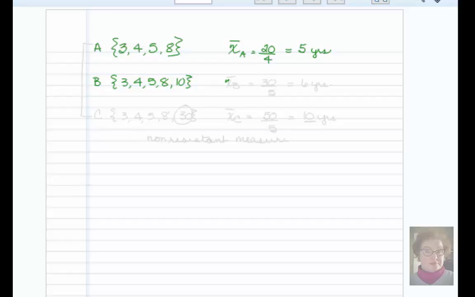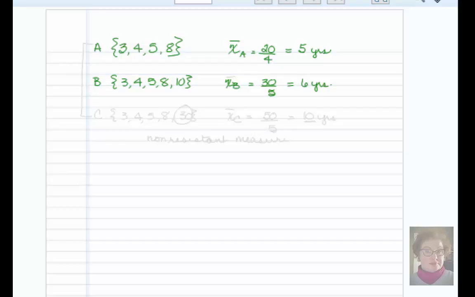So the mean of B is going to be 30 divided by 5, which is 6 years. So this older child comes in, is quite a bit older than the first 3, and does raise our mean age.